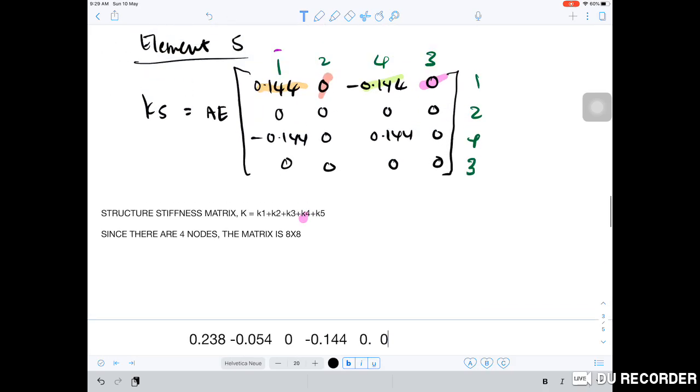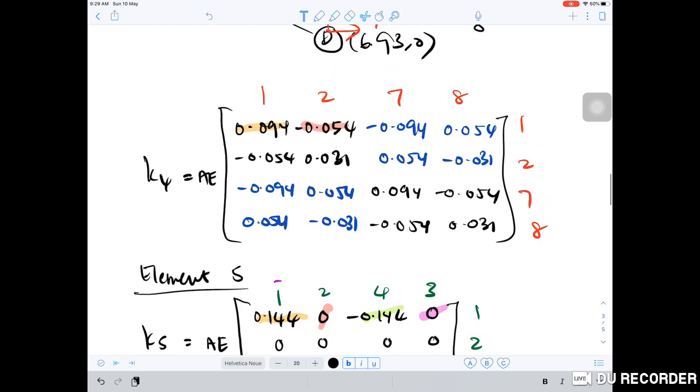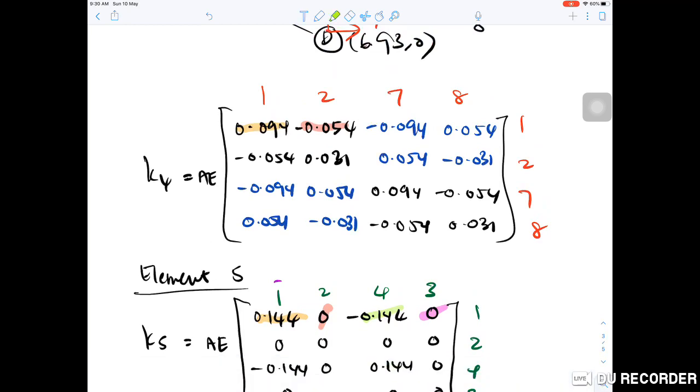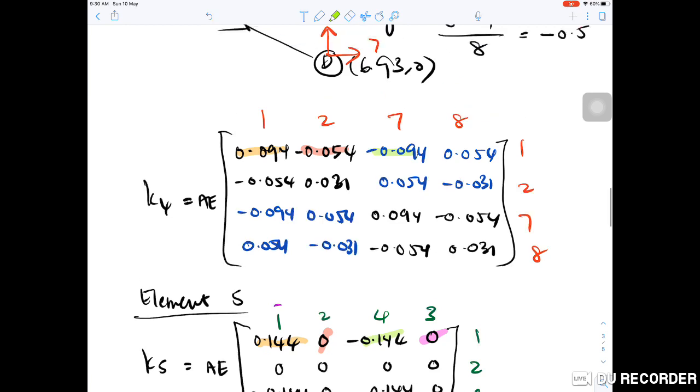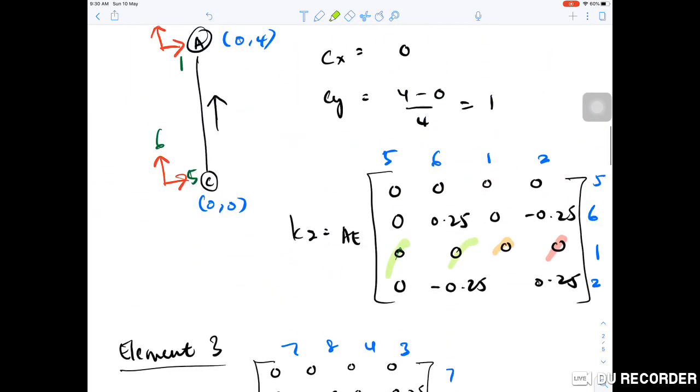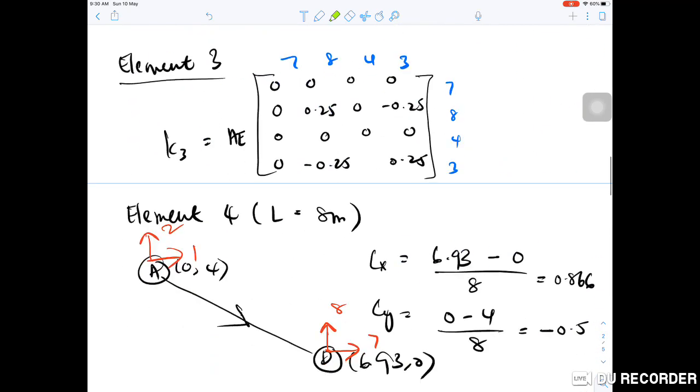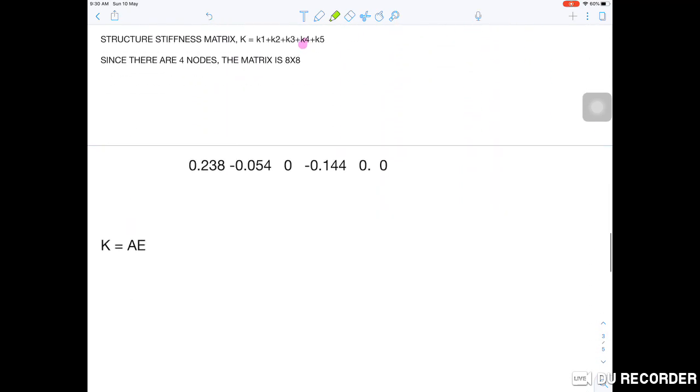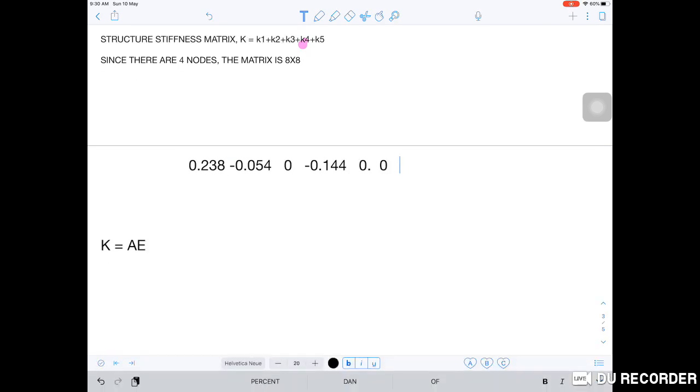And 1 7. Here 1 7 is negative 0.094, and there is no other 1 7. So it is negative 0.094. 1 1, 1 2, 1 3, 1 4, 1 5, 1 6, 1 7, 1 8.